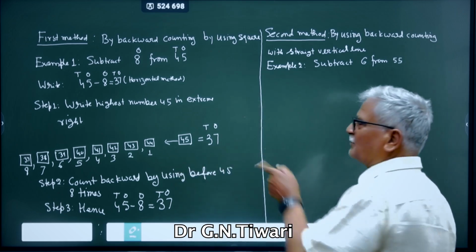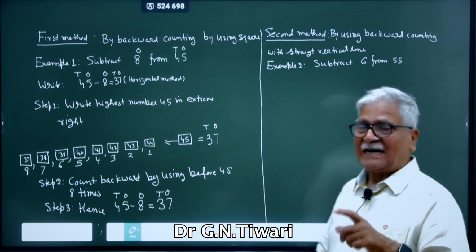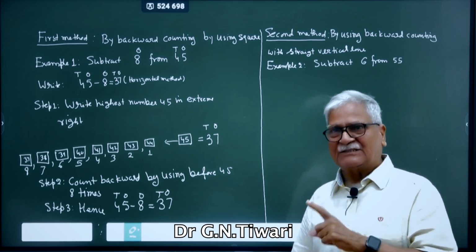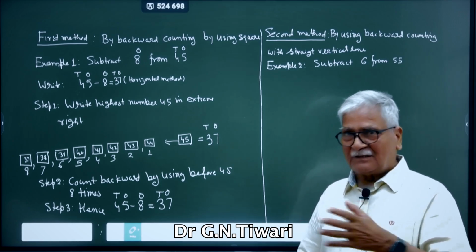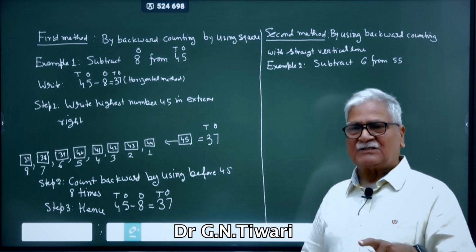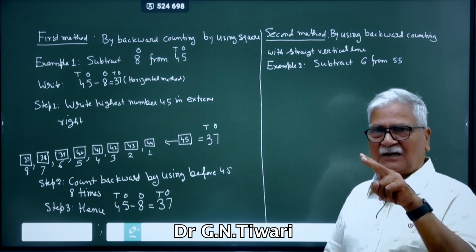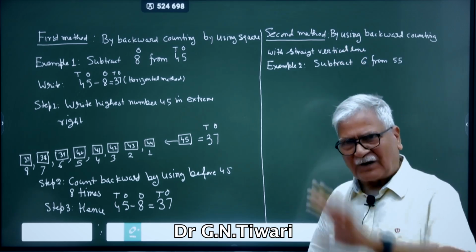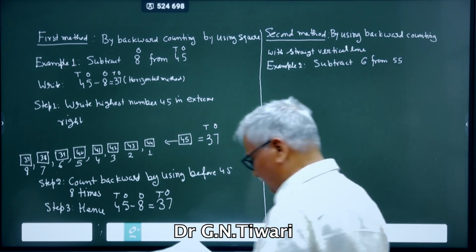Here in both examples, I have taken the highest number as a 2-digit number and the lowest number as a 1-digit number. So it is much easier. But even if you take the highest number 2-digit and the lowest number 2-digit as well, you can do this by following the same procedure.